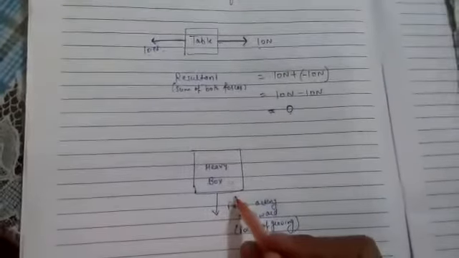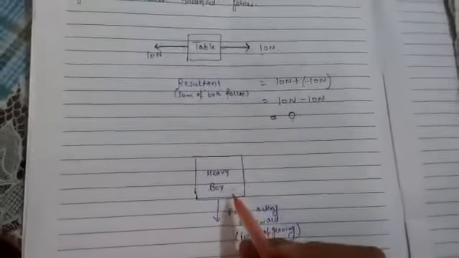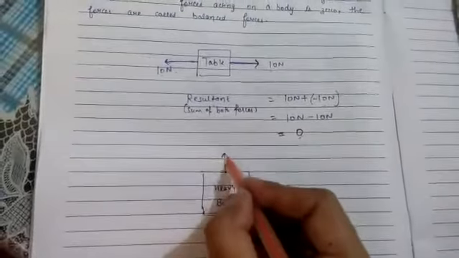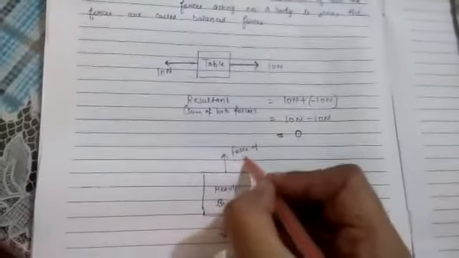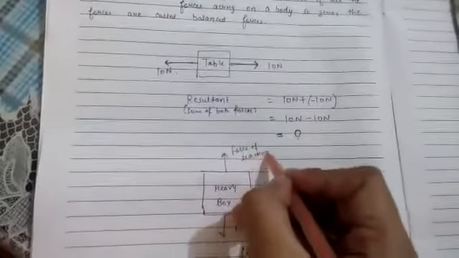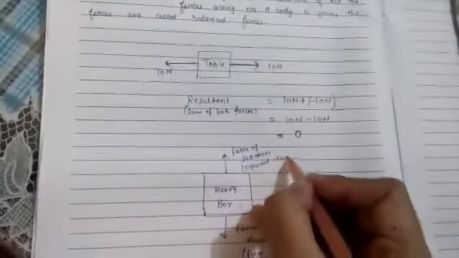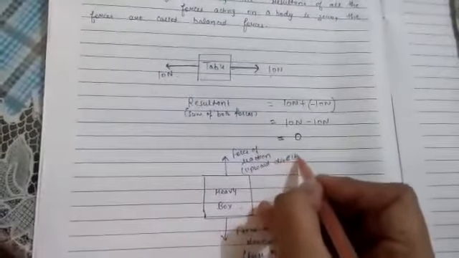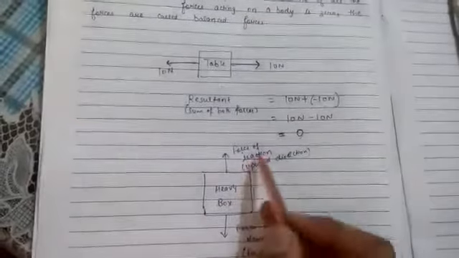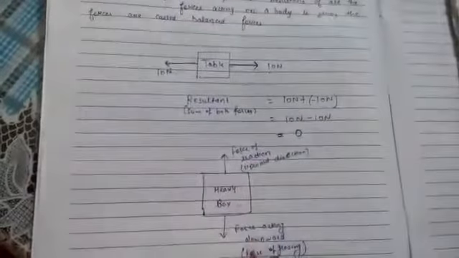But the earth is there. Earth also applies some force on this box in the upward direction. So that is called force of reaction in the upward direction. So force of gravity and force of reaction, they both are equal.